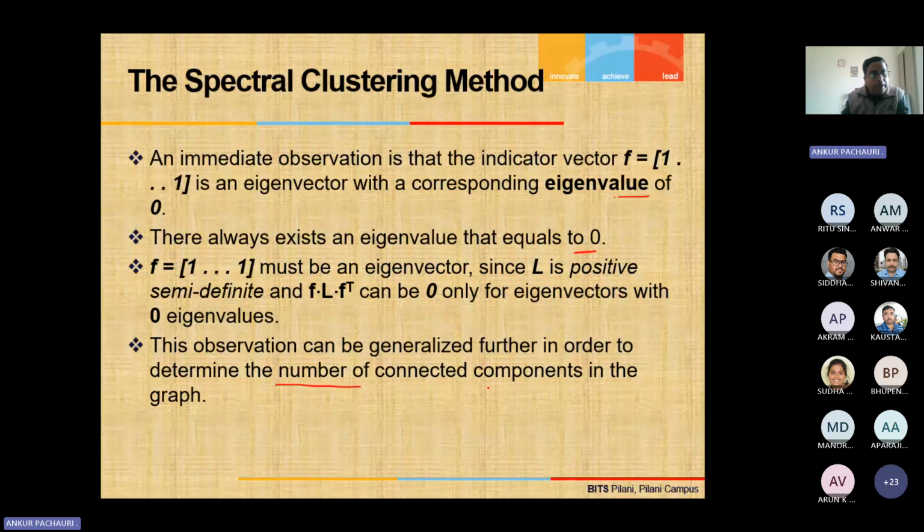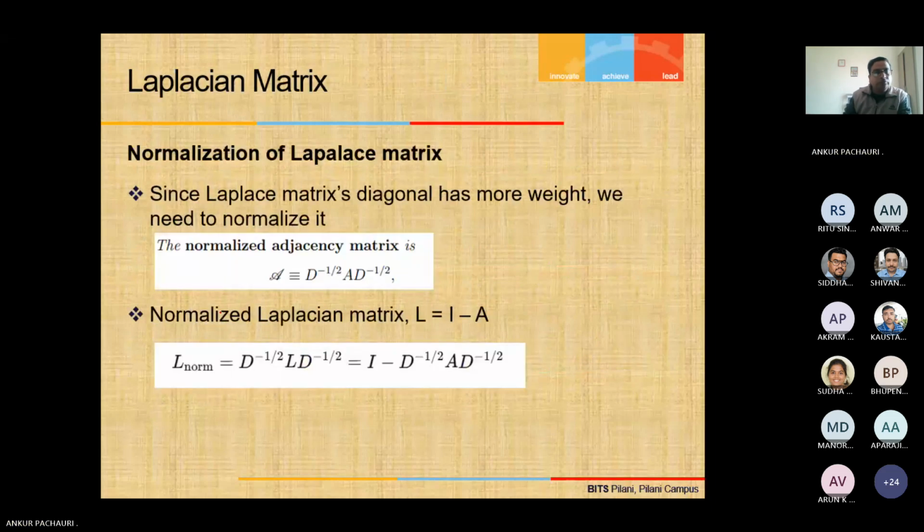If there are multiple eigenvalues, then the number of eigenvalues equal to 0 will be equivalent to the number of connected components in a graph. Since the Laplacian matrix diagonal has more weight, we can normalize it as D to the minus 1/2, L, D to the minus 1/2, and the normalized form will be I minus the adjacency matrix, the identity matrix minus the adjacency matrix.